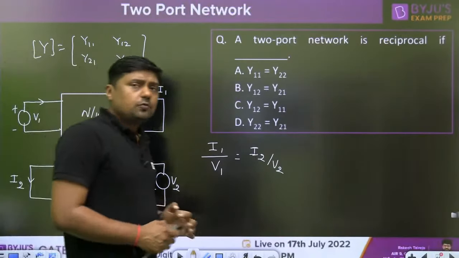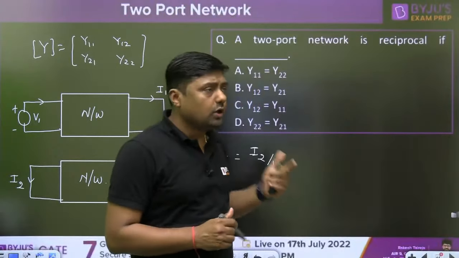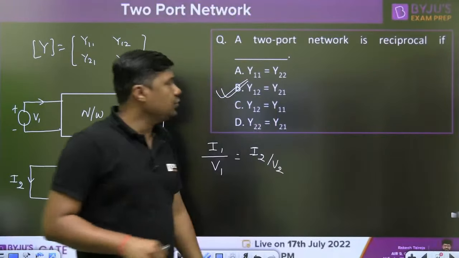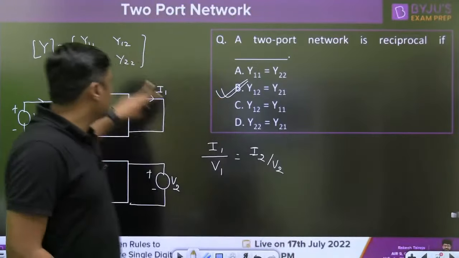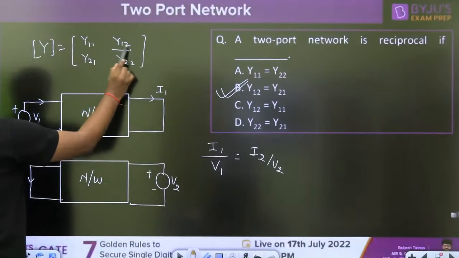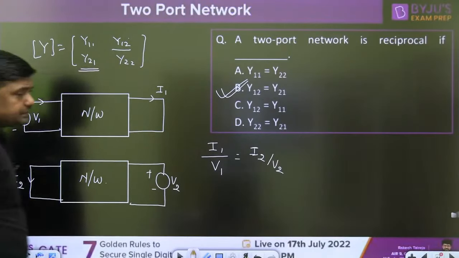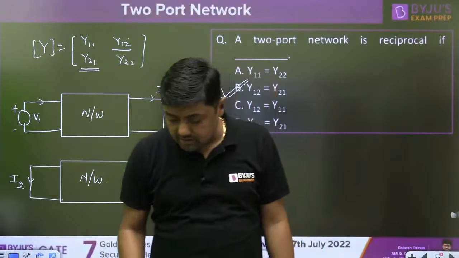For reciprocity we have to check one thing, that Y12 is equal to Y21. If these two parameters are equal, then this particular network is called a reciprocal network.